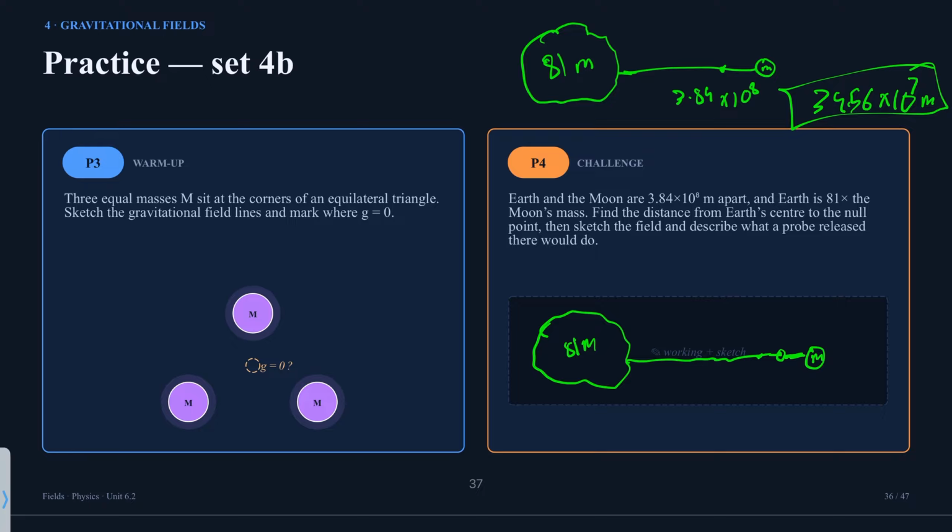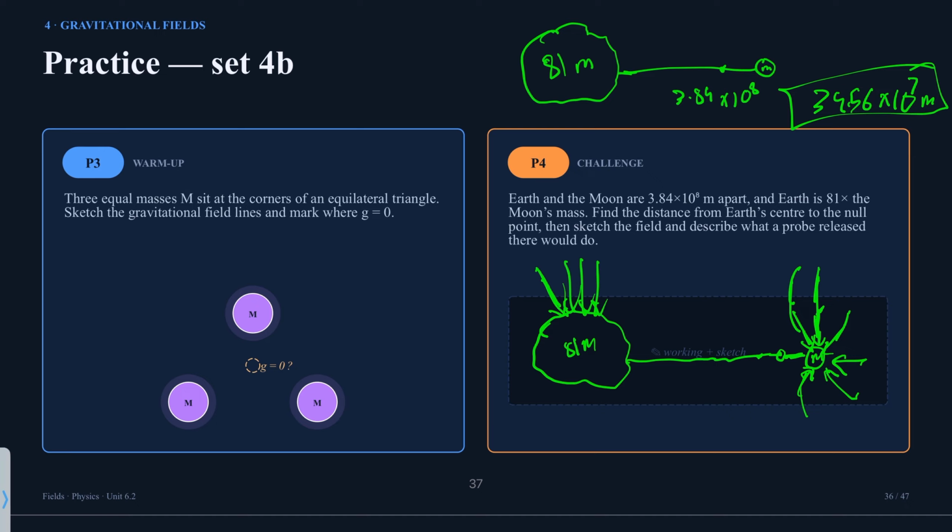Okay, I'll denote it as a circle. Obviously, I'm not going to draw 81 times more lines, okay? It's a bit excessive, but I'll just draw a few lines here. Technically I should probably draw 81 times more lines, but I'm not going to do that.